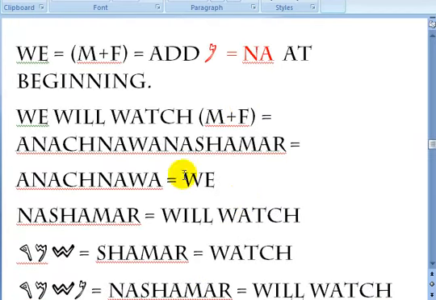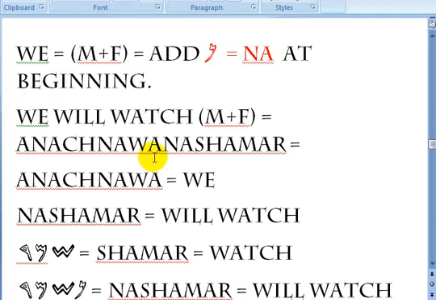The next one is we. Male plus female. You add a na at the beginning of the word. We will watch. Male plus female. So it doesn't matter which one you use this one for. Anachnawa na shamar. You see how it says you add a na at the beginning.